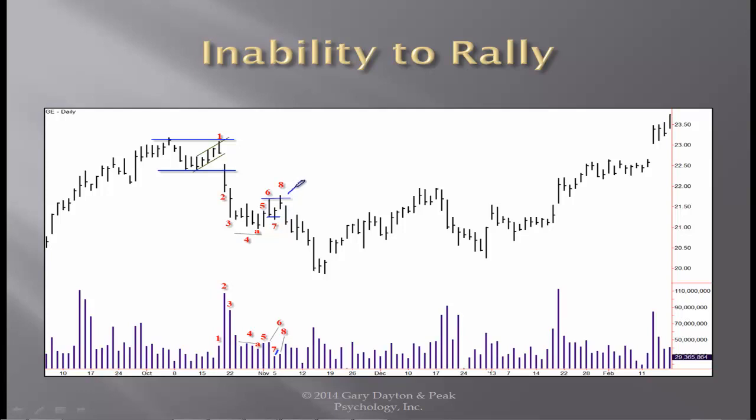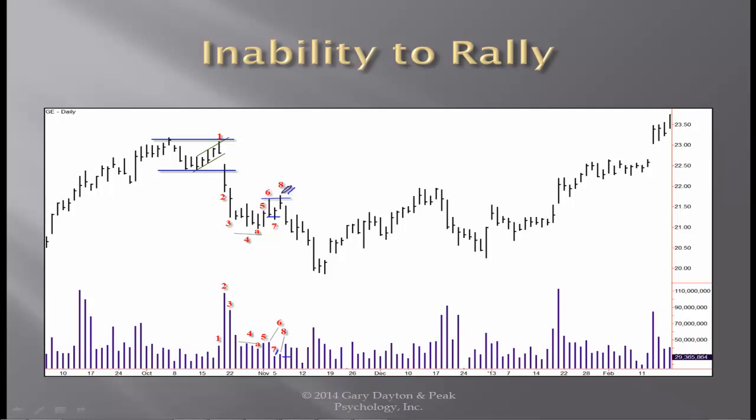Then we rally up, push up to 8, and we see no demand. We see light volume. I know it's not less than the previous 2, but it's close enough for us. It's very light volume. We try to push up above the high of 6. We do so, but the close is underneath the high of 6.